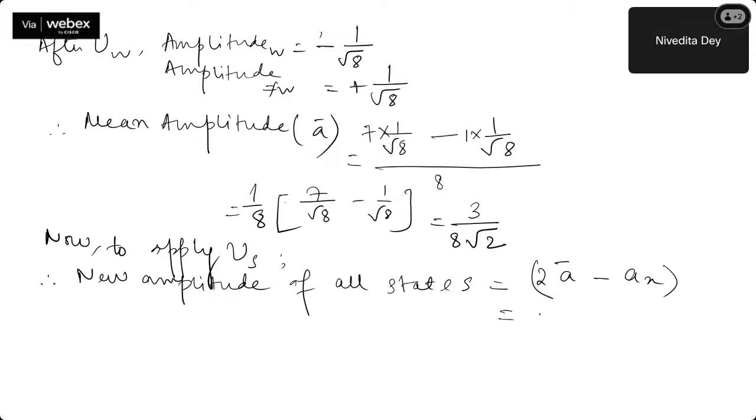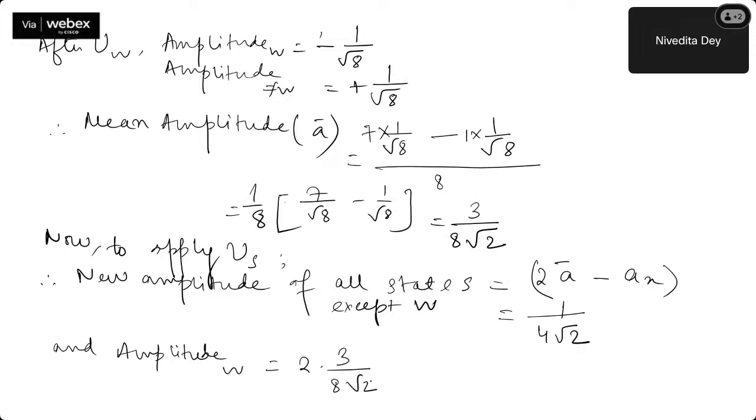It is basically 1 by 4 root 2, for all states except W. And the amplitude of W will be 2a bar, which is 2 into 3 by 8 root 2, minus, let me write one line here, 2 into 3 by 8 root 2 minus 1 by root 8. Because for the others it is plus 1 by root 8, here we have a minus, so this is the thing.